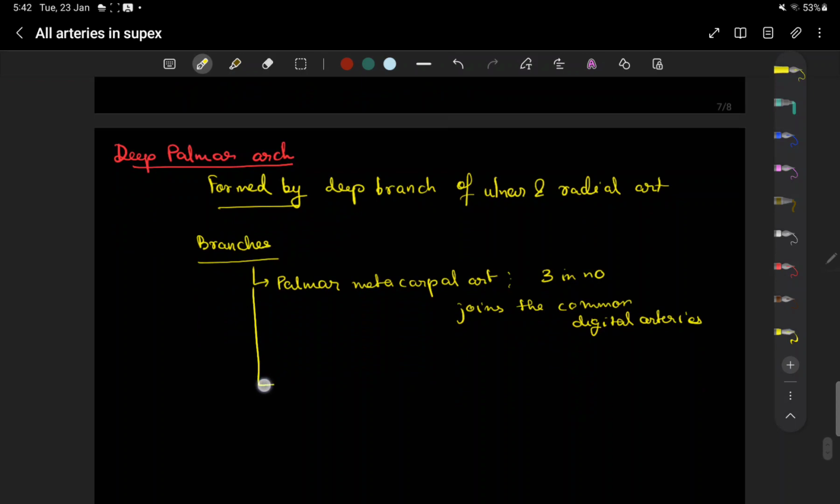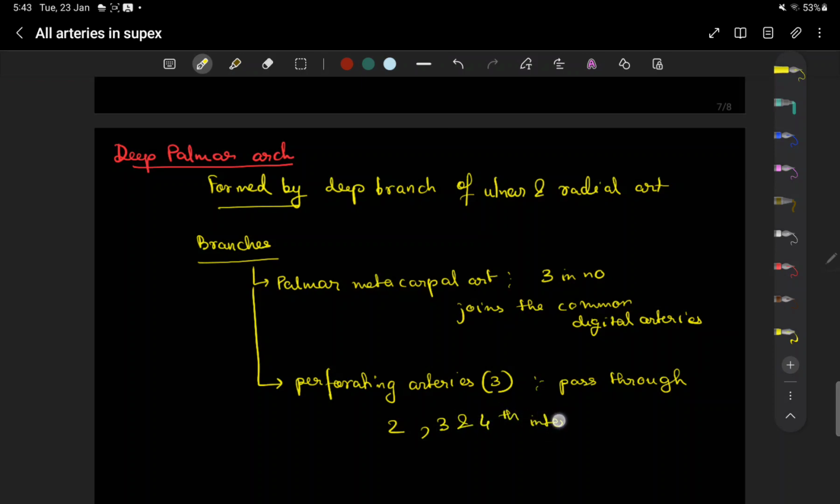Next we would have perforating arteries. Perforating arteries are also 3 in number, and these pass through the second, third and fourth interosseous spaces and join basically nothing else but the dorsal metacarpal arteries.